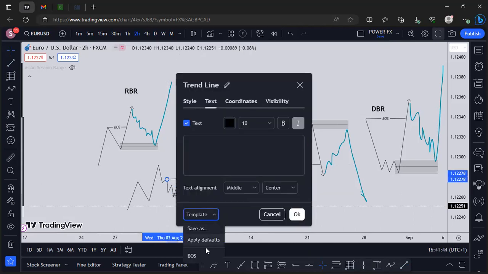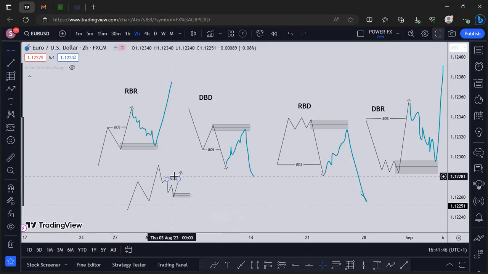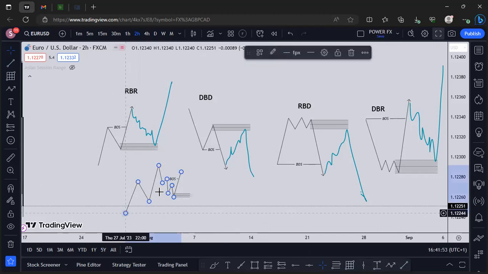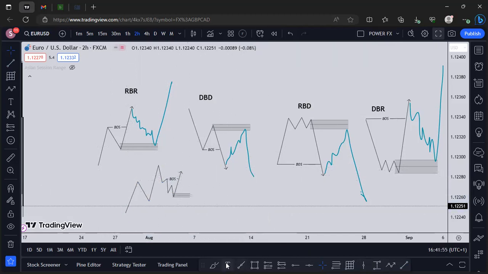Based on the fact that there's a break of structure here. All of these things are internal breaks of structure. We want to look out for the key levels, the overall trend. So some traders will definitely want the market to pull back all the way to this area.